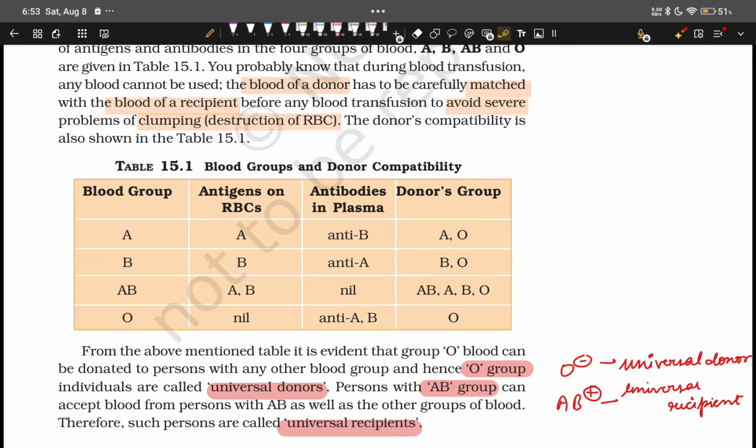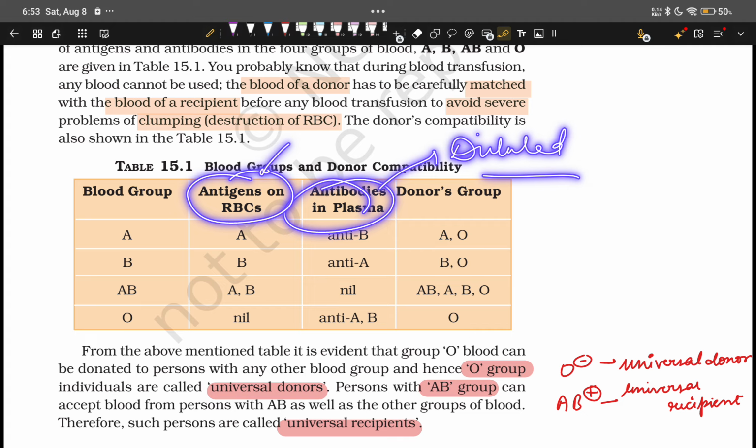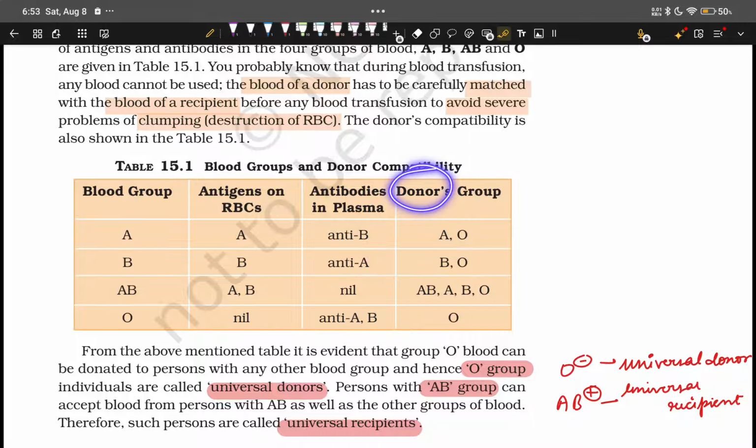Basically antibodies can be diluted because they are present in plasma. However, antigens are present on RBCs, they're going to be carried through the blood, they're on the cells, they cannot be removed, right? So the antigen has to be taken care of. So the donor's antigen should match with the recipient's antigen, and we should keep that in mind before transfusion of blood.